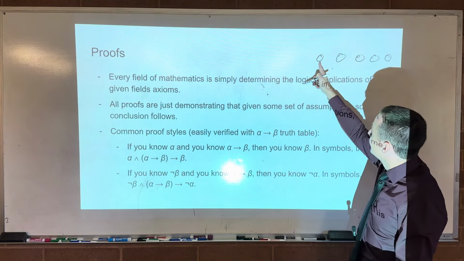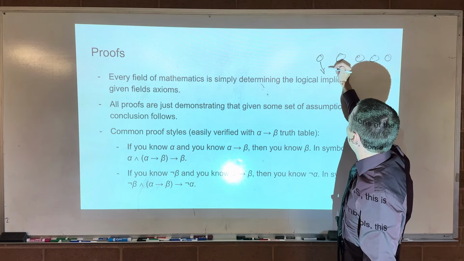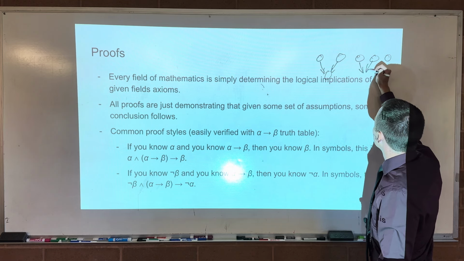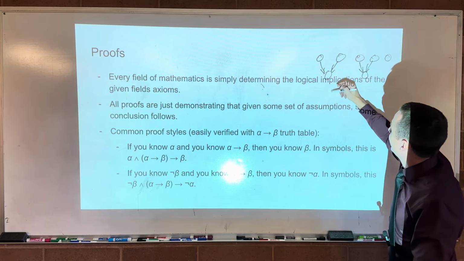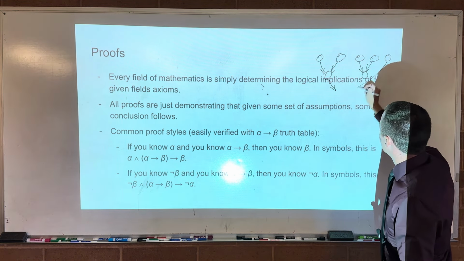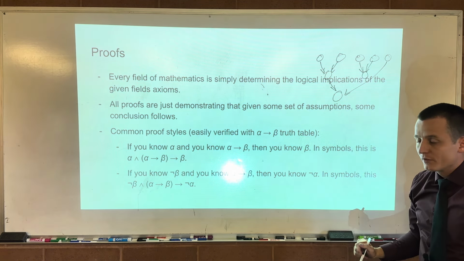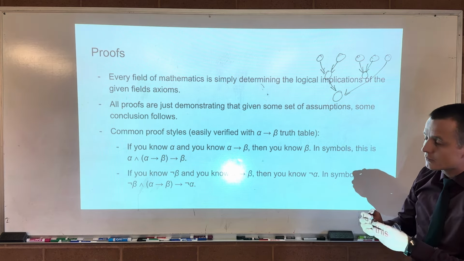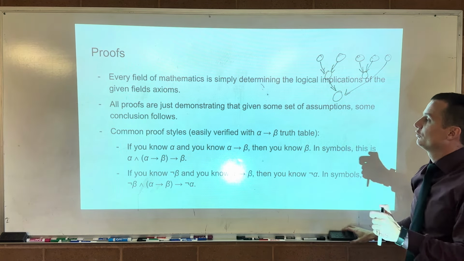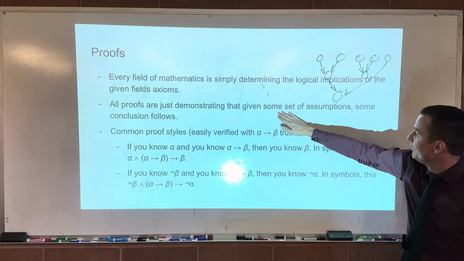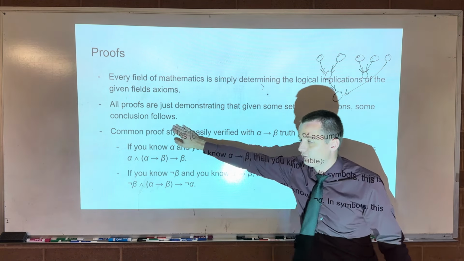So we're going to see that alpha and beta together imply some other statement here. We're going to see that these two together imply some other statement here. We're going to see, oh, if I take this thing right here and that right there, those imply some new statement. And we're going to call those theorems. So every field of math is essentially just proving a bunch of theorems. All proofs are just demonstrating that given some set of assumptions, some conclusion follows.